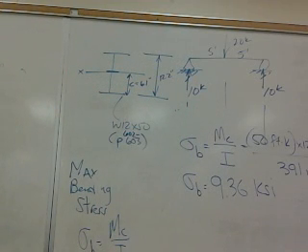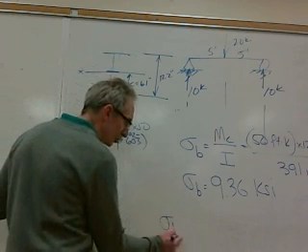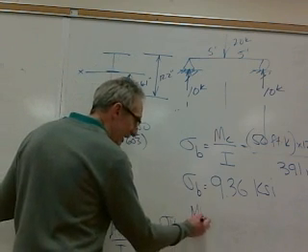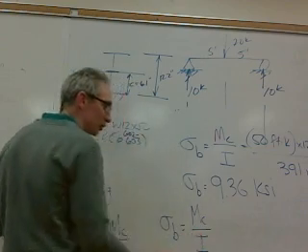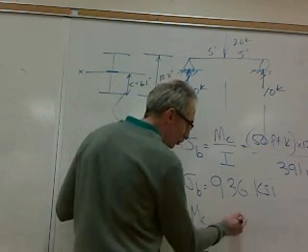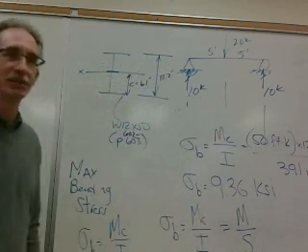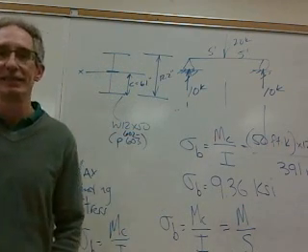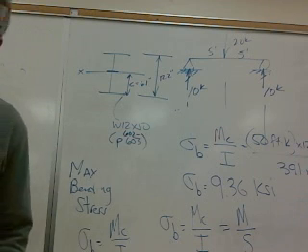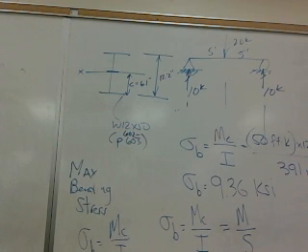Okay, questions? All right. Now here's one thing that some people do, especially when they're using standard shapes: instead of using the formula MC over I for bending stress, they will use a formula that's written as M over S. S stands for the elastic section modulus.